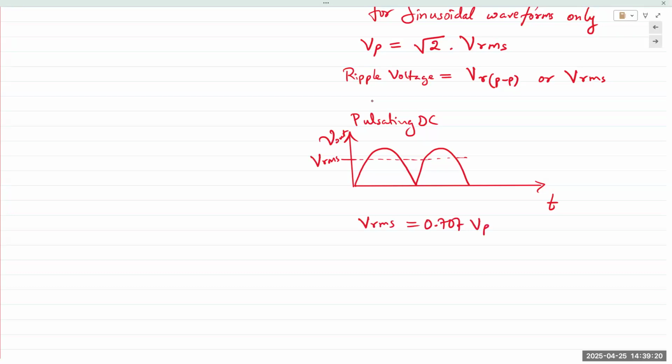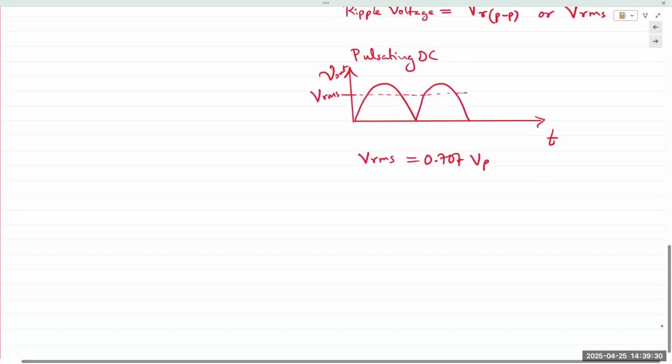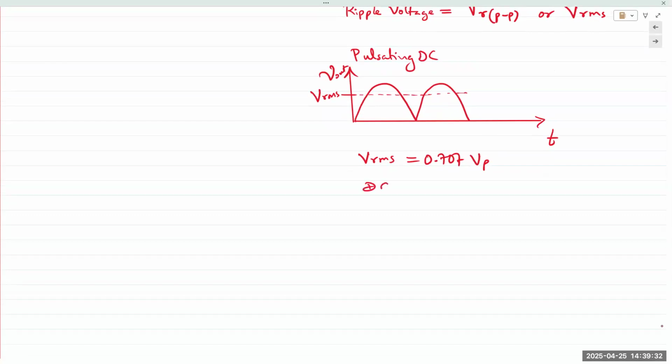However, there's also another term associated with this, known as the VDC, the DC or the average value of this waveform. Okay, DC or average value of waveform. And in this instance, DC is not the same as RMS.